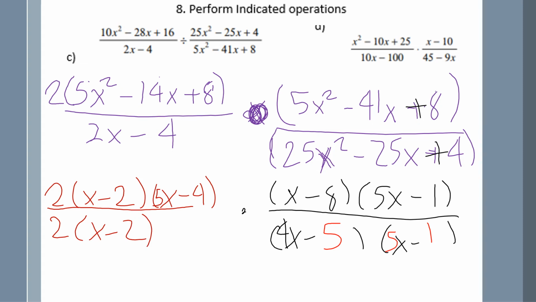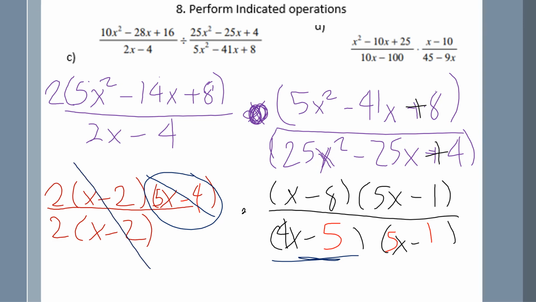So, ready, set, cancel. I was trying to cancel that, but it was telling me no. So 5x minus 4 could cancel with, hang on for a second. Don't worry about this at the moment, because I know I did something a little bit off over here.